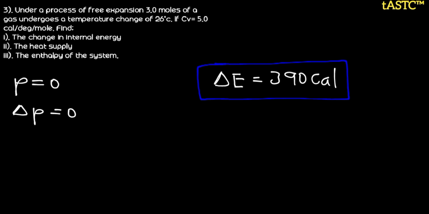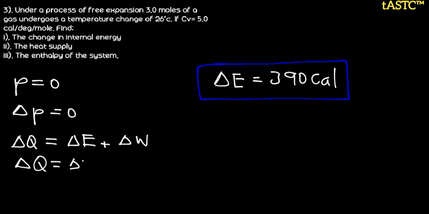That is fully the meaning of it. Now, you know that dQ, I'm going to take it as a delta, is equal to dE, or delta E, plus delta W. Just like we said previously, dW is the same thing as PdV.